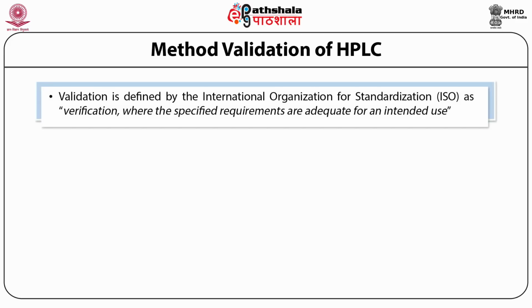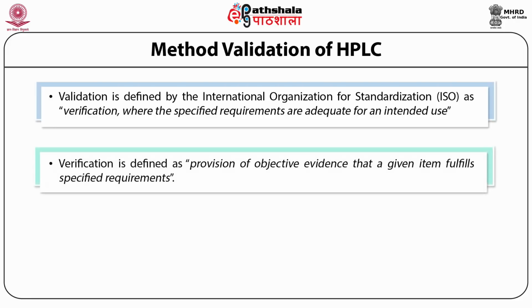Validation is defined by the International Organization for Standardization as verification where the specified requirements are adequate for an intended use, where the term verification is referred to as provision of objective evidence that a given item fulfills the specified requirements. The applicability and scope of an analytical method should be defined before starting the validation process.